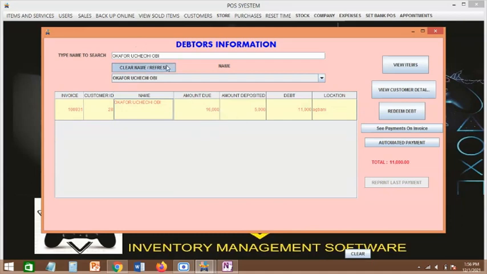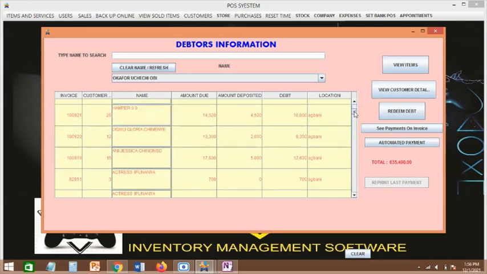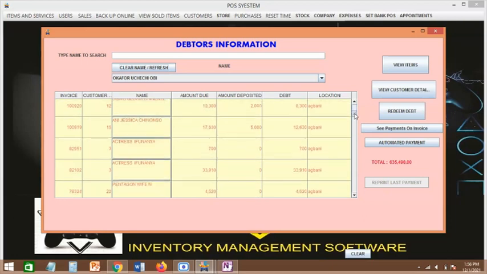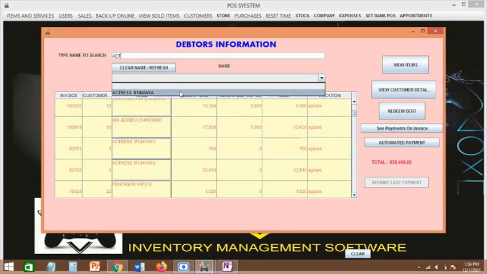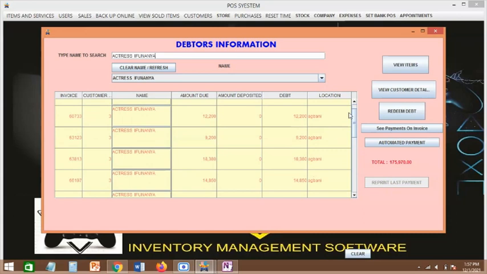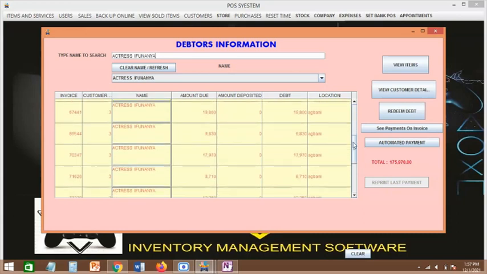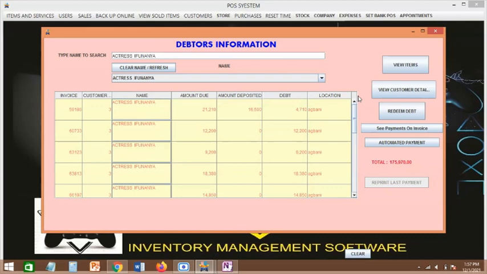Okay, let's go to Carrefour. Uchechi. All right, this person is owing only one. Let's look for a customer that has many uncleared invoices. Okay, let's pick this one. Now this person is owing us a lot of money, 175,000. That's a lot of invoices that are owing.